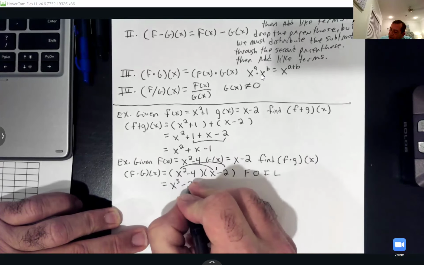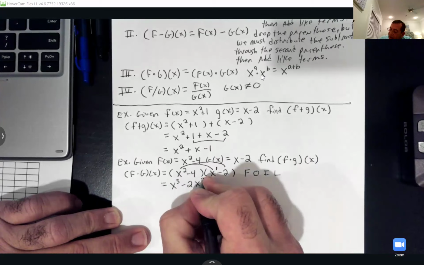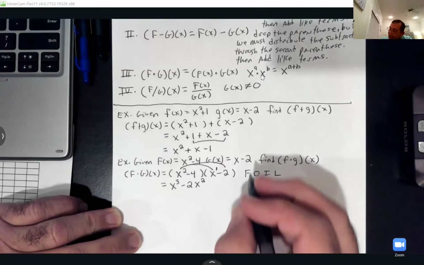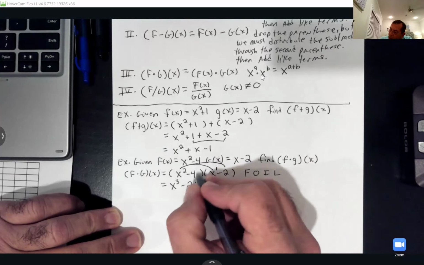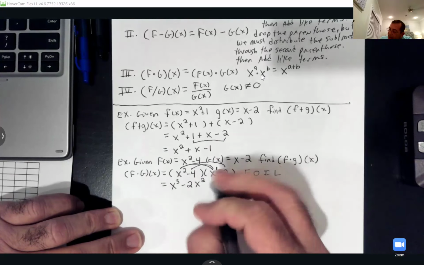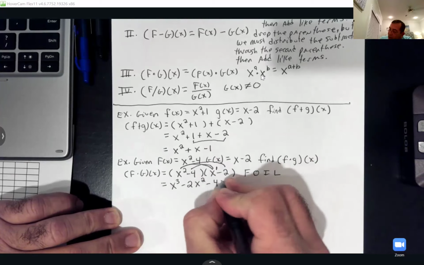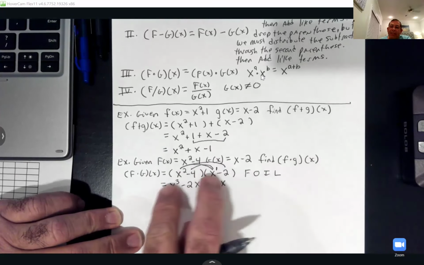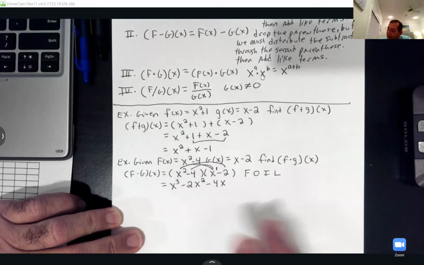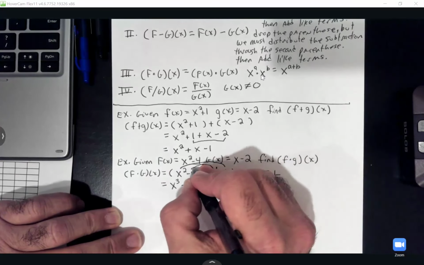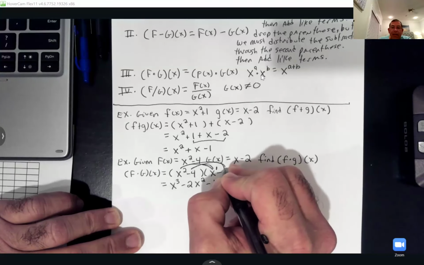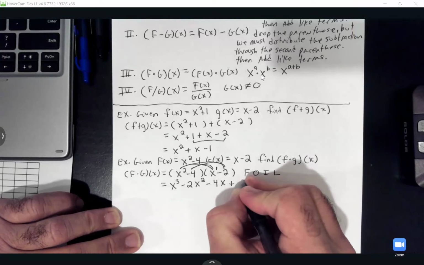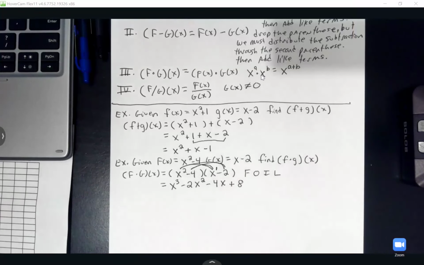So I get a negative 2x squared. Now we're going to distribute the negative 4. So negative 4 times x, negative 4x. And the thing you got to watch out for is keep up with these signs as you're multiplying everybody. So this last one will be the negative 4 times the negative 2. And that'll be what, a positive? That's 8.